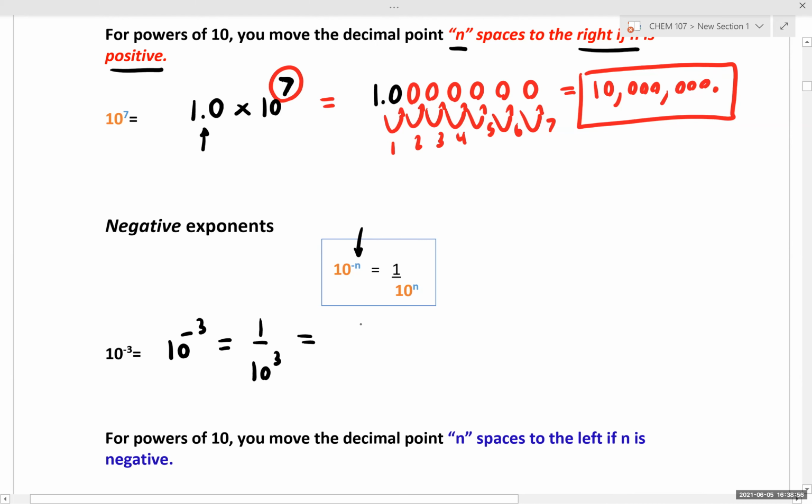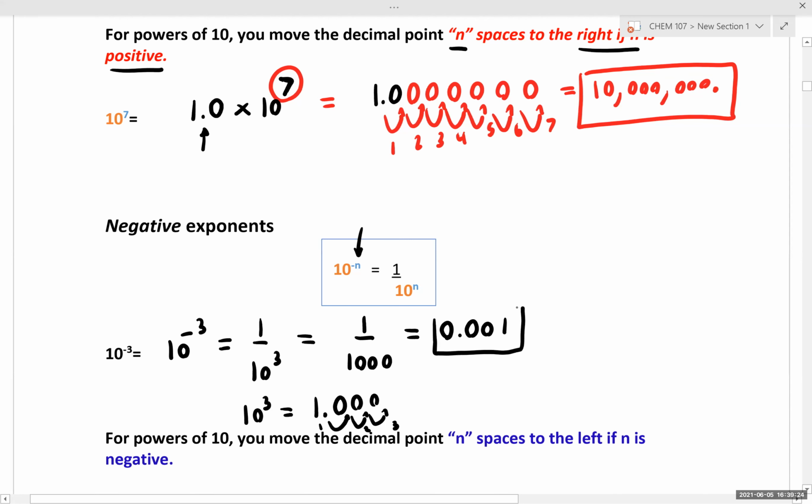We put our decimal point down and move it 3 spaces to the right: 1, 2, 3. That gives us 1,000. So 1 over 1,000, if you punch that into your calculator, will be 0.001.